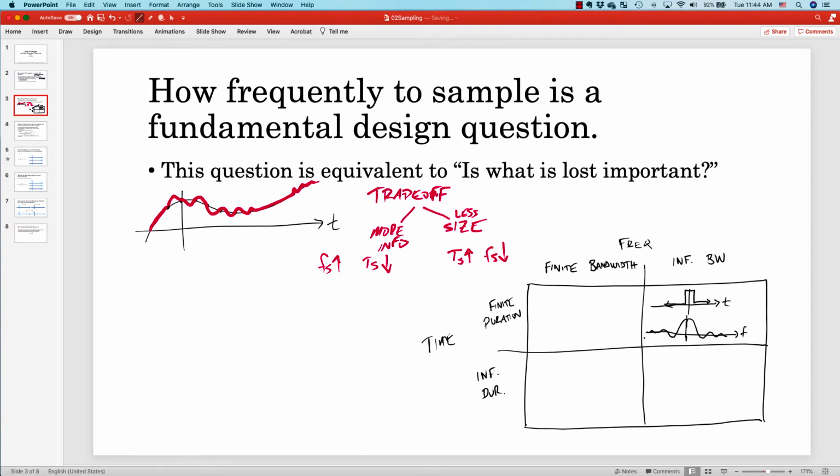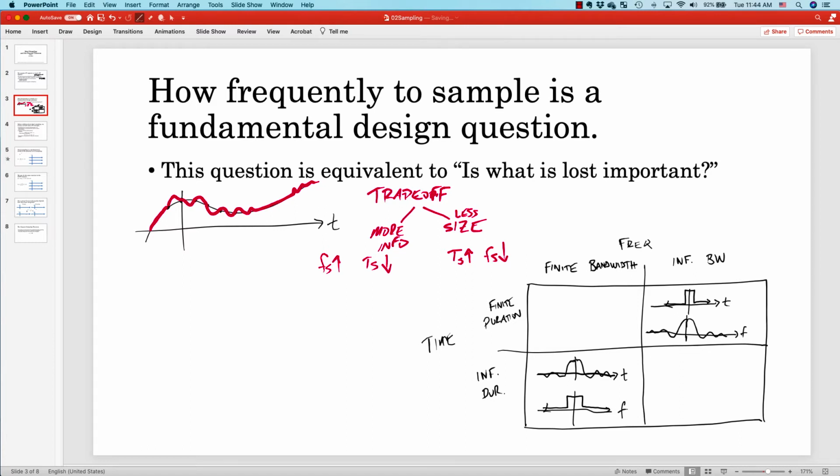There are many more. Let's do the other corner here. So this is finite bandwidth, but infinite duration. And here I want to do this one next because we want to capitalize on the time-frequency duality principle of Fourier transform. And that is, if in the time domain I come across a sinc function, then I know immediately that its Fourier transform will be a rectangle in the frequency domain.